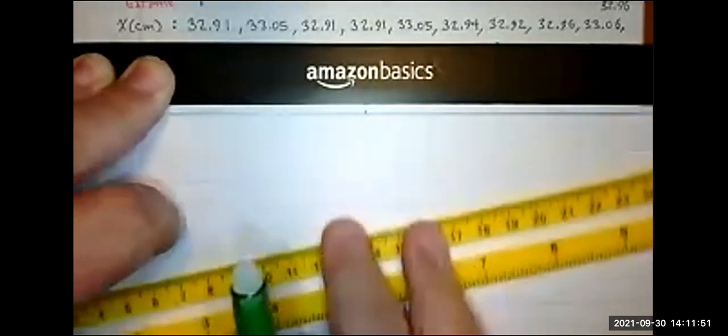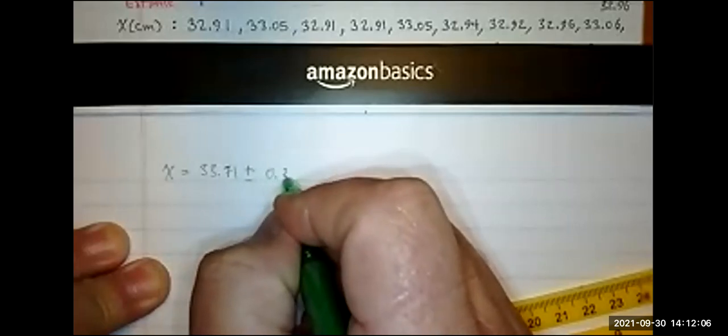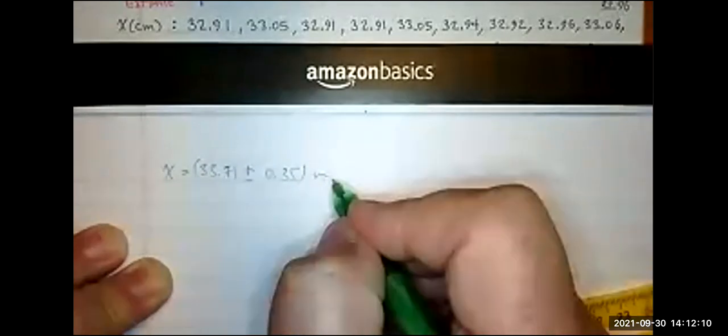You probably all are familiar with the idea of having a value X written as equal to some number, let's say 33.71 plus or minus 0.35 meters. And that's really the way you're supposed to report numbers in science: you report your most likely value and how much confidence you have in that, or how likely the next person is to get that same result. Okay, that's what this number right here tells.